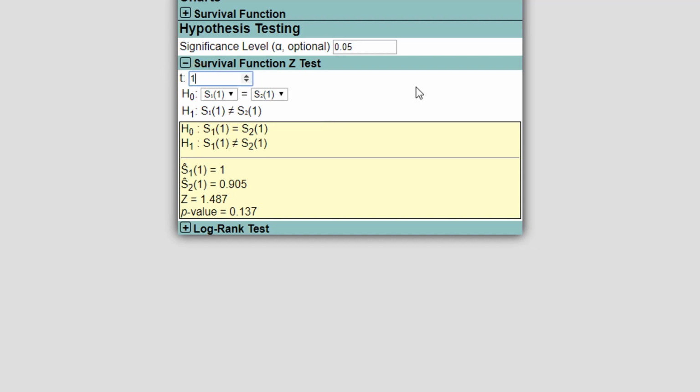If I was interested in checking at 8 weeks, you just put in 8, and it looks like at 8 weeks, the survival functions are still significantly different.